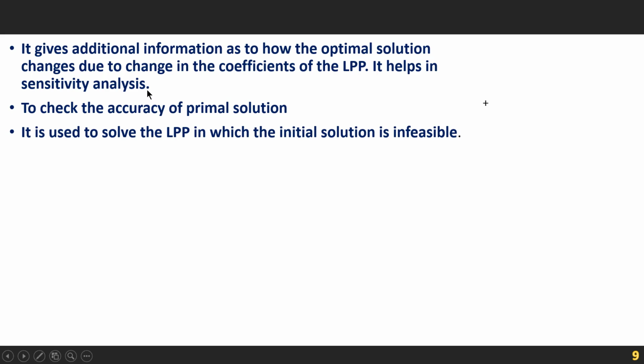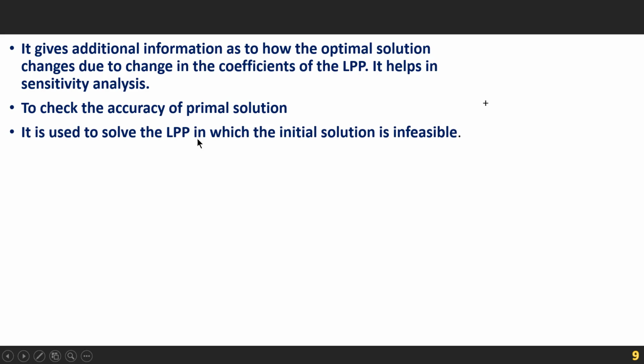In this class I am not going to discuss sensitivity analysis, but it is there in the syllabus, so in the next class or other classes I will share this. Now there is another one, to check the accuracy of the primal solution. If you find the dual and get an appropriate solution, that means the primal solution is also okay.